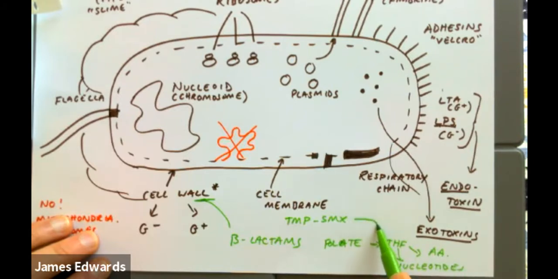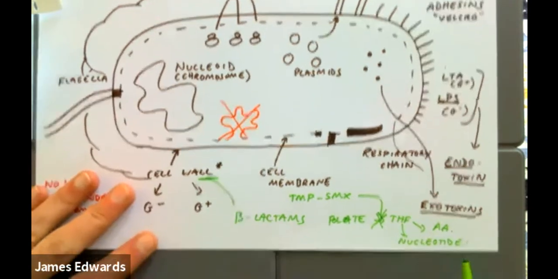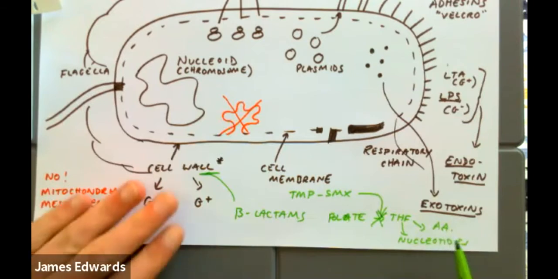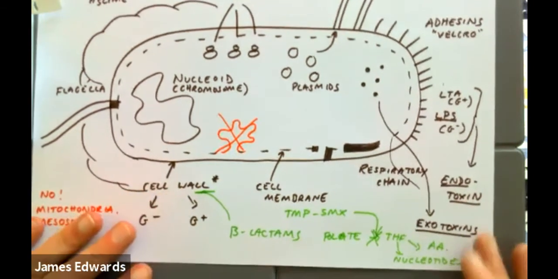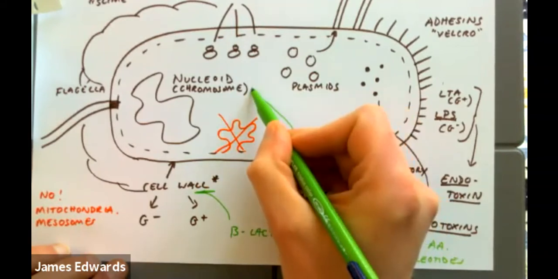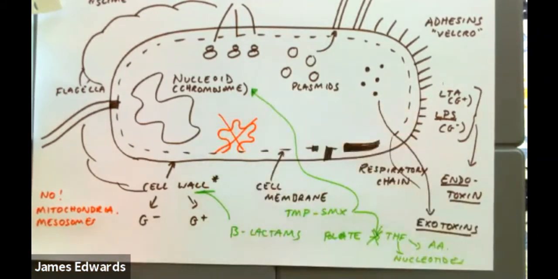And what this antibiotic does is it stops that from happening, and eventually leads to the starvation of nucleotides, so the cell can't replicate very easily or at all, and certain amino acids, so it struggles to build proteins. So really, this works all the way up here. Very important antibiotic combination drug.